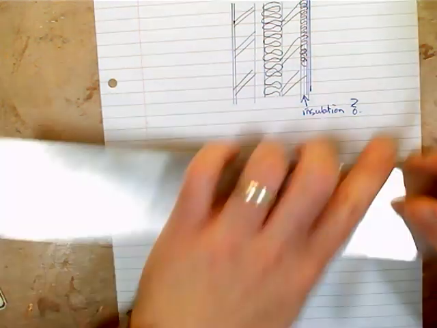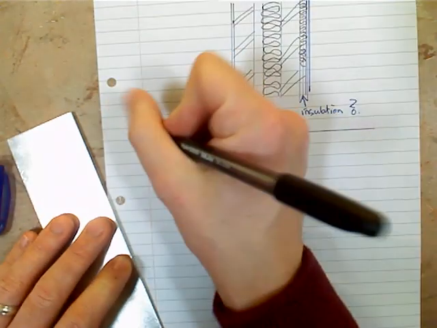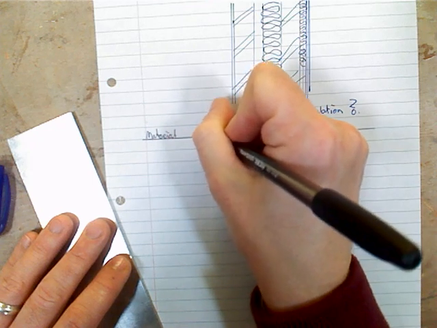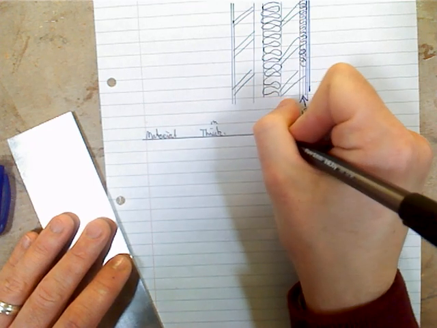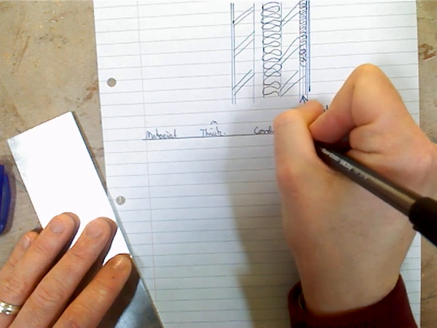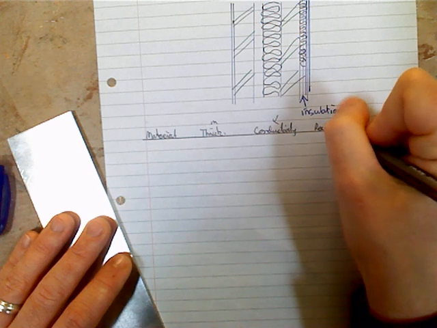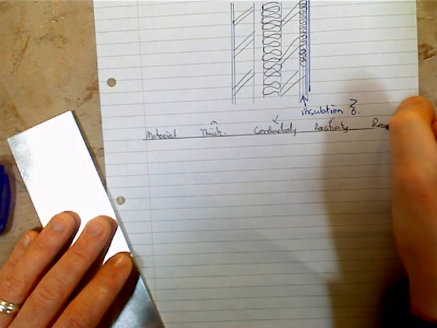So, I'm going to redraw the table, put in most of my information, but just leave out one little section, and I'll work backwards to get my thickness. So we put in material, thickness in meters, conductivity K value, resistivity small r value, resistance.